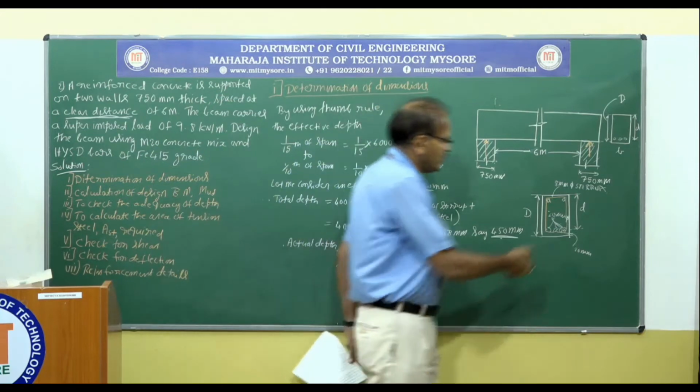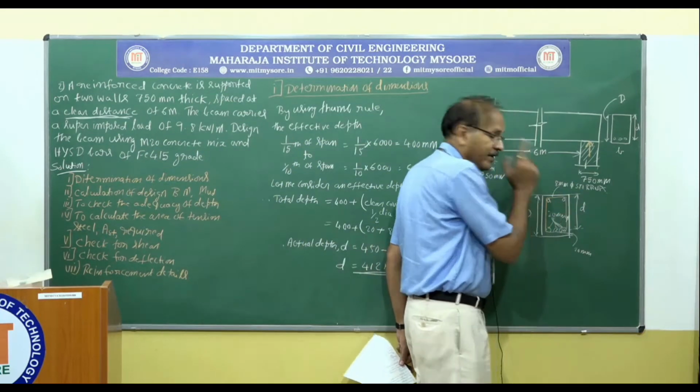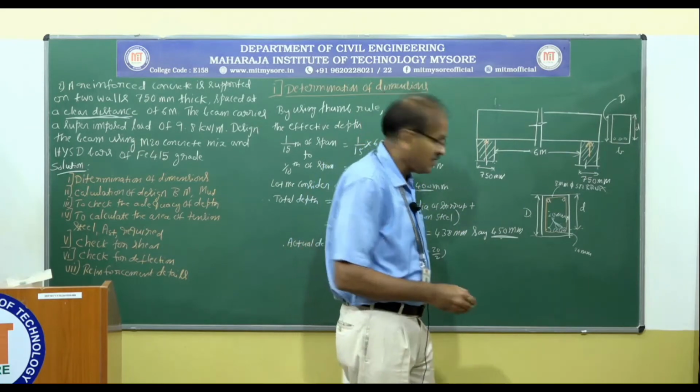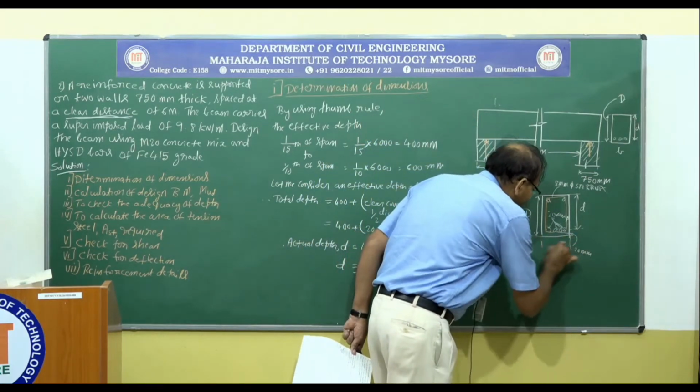So now the overall dimension is fixed. What is left next? What is the width?